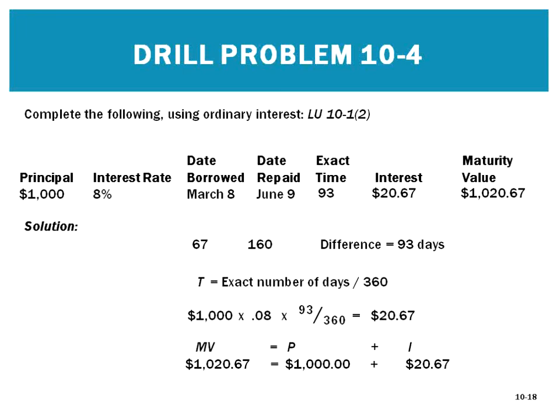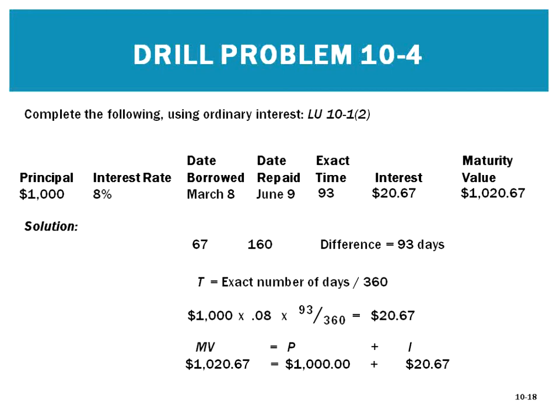So let's continue with another one. You have a principal of 1,000, an interest rate of 8%. You borrowed March 8 and you paid June 9. Remember, look at the top. It says ordinary interest. Is that out of 360 or 365? It's out of 360 because it's ordinary.